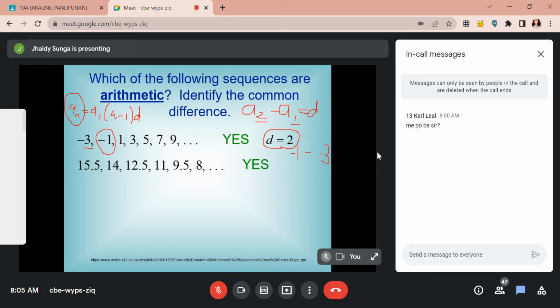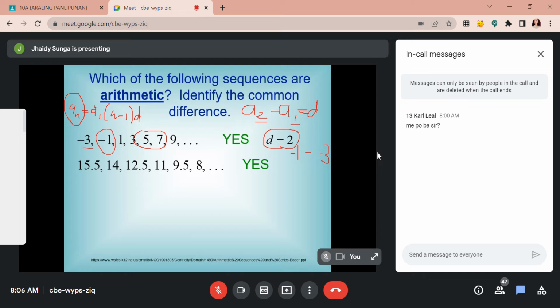How are you going to find the common difference in this term? It is also possible in this situation. The only thing is, remember this: in finding the common difference, we will always be subtracting the previous term from the term that we have.